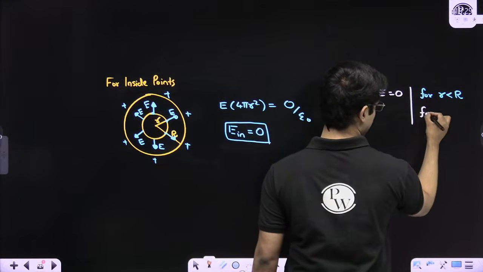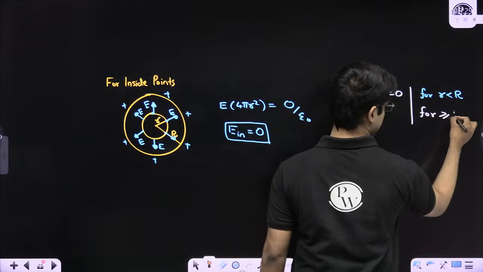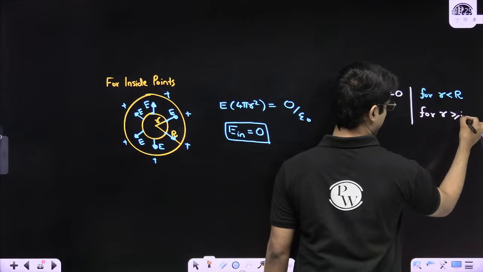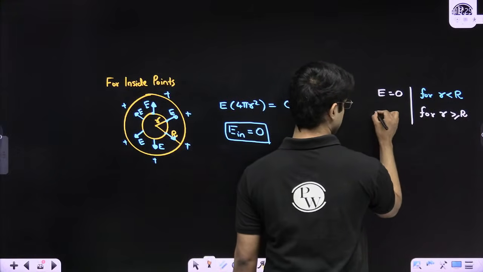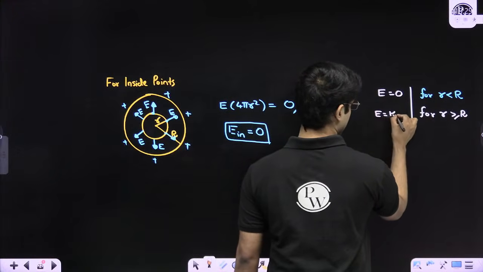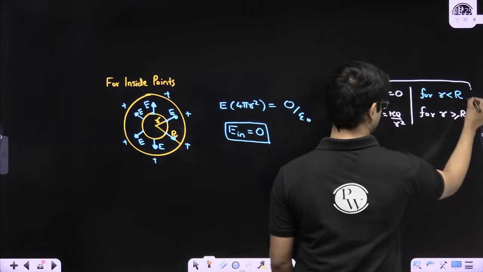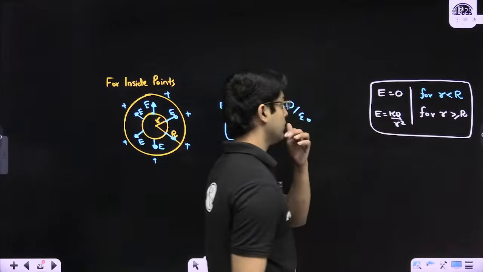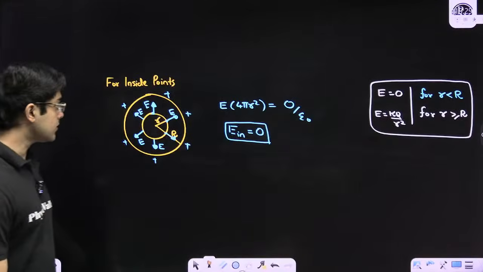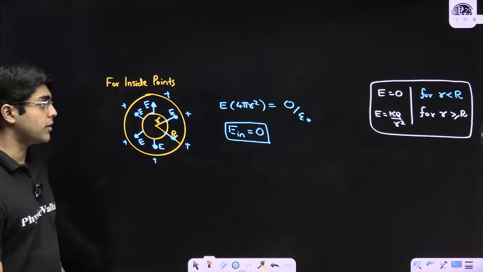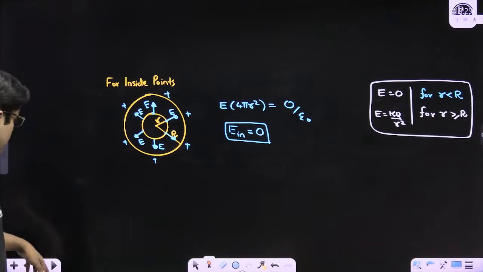And for outside points, it's the same as a point charge, which is kq by r square. So this is the situation with a uniformly charged spherical shell.